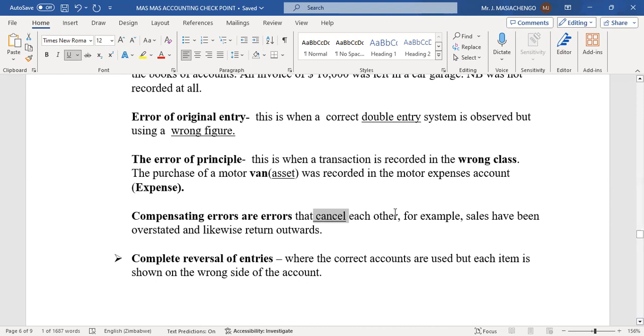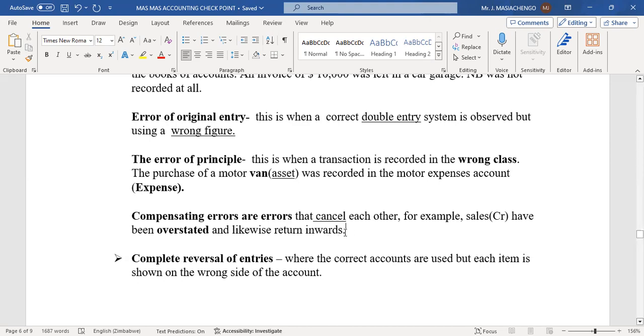For example, let's say sales are overstated. You overstate sales, and sales, in simple terms, have which balance? Sales have a credit balance, right? Then you overstate returns inwards, not outwards, okay?